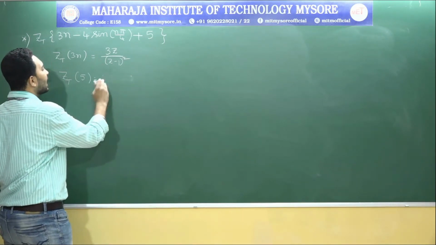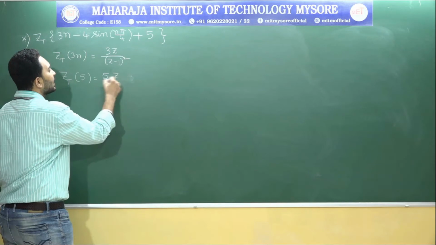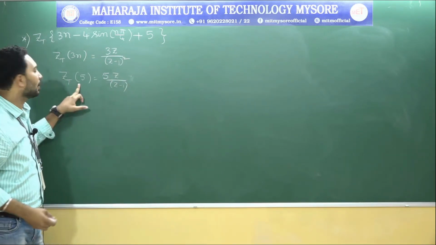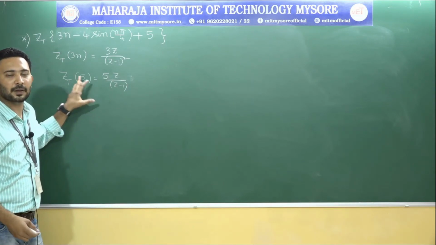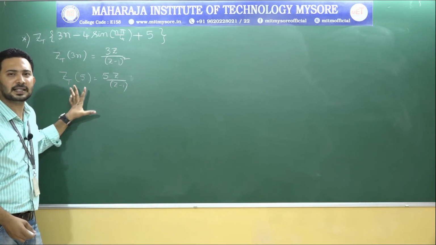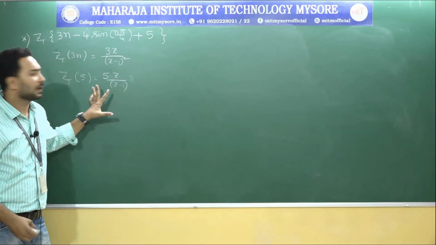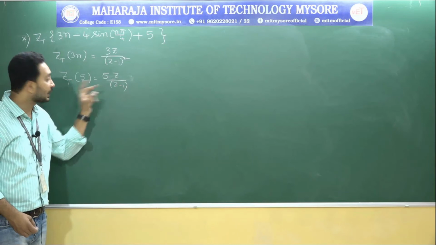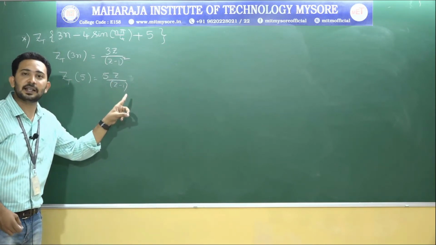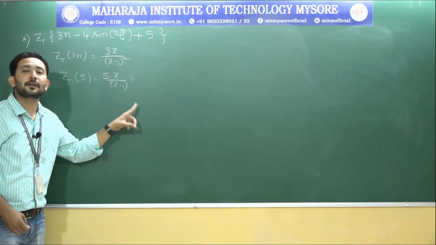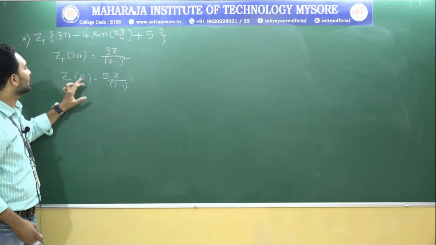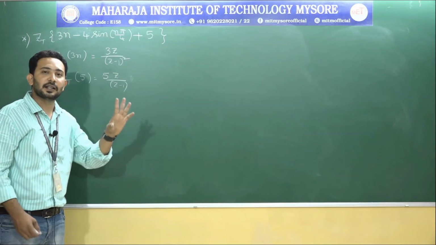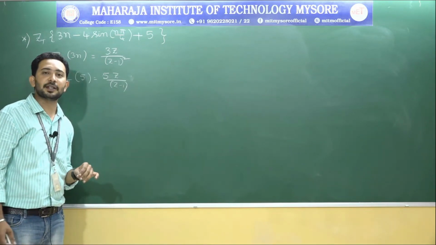So I can write this as 5 into z divided by z minus 1. Remember, the z transformation of 5 is just a constant, just like the z transformation of a. If we have the z transformation of 5 power n, then the answer will be z divided by z minus 5. Here we have only 5, so this 5 is a constant. Take 5 outside, we will get the z transformation of 1, that is z divided by z minus 1.